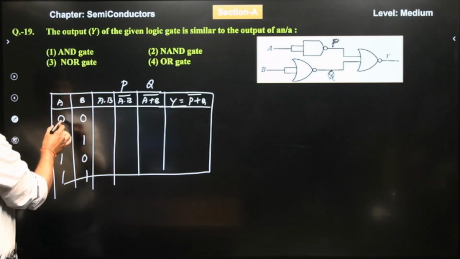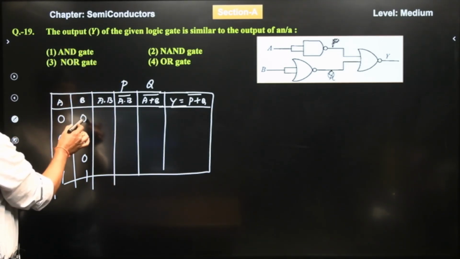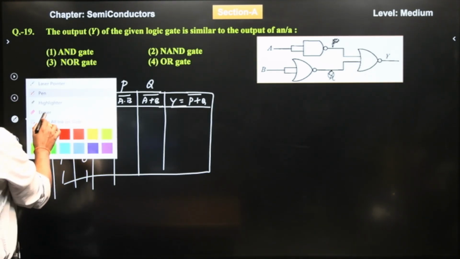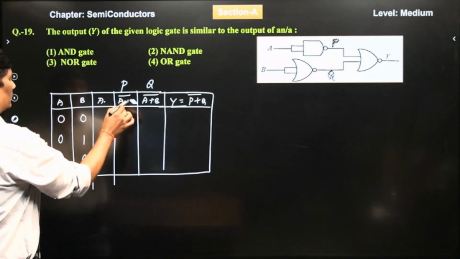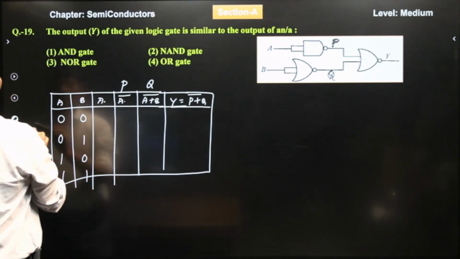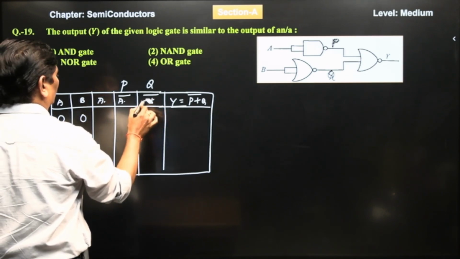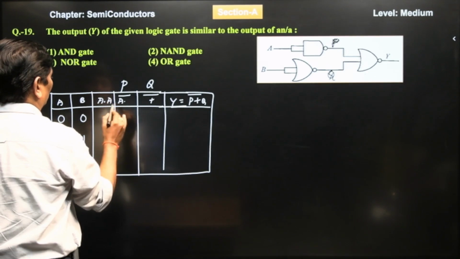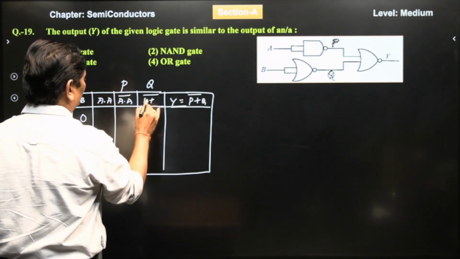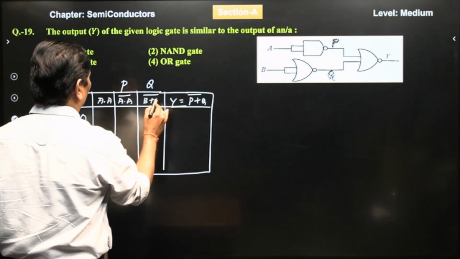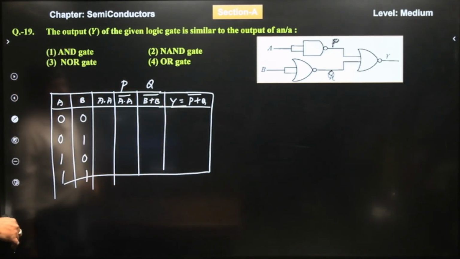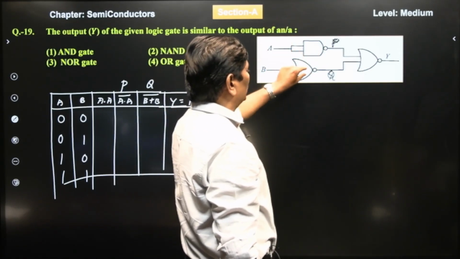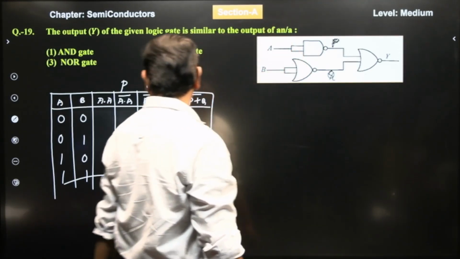Now see, here A and A, and A and A inversion. This is B or B inversion. Both the inputs for this P are A and A, for this B and B, that's it.